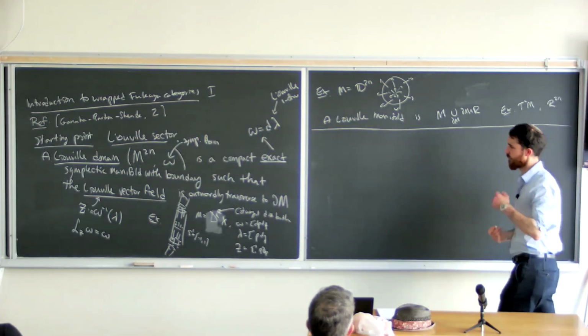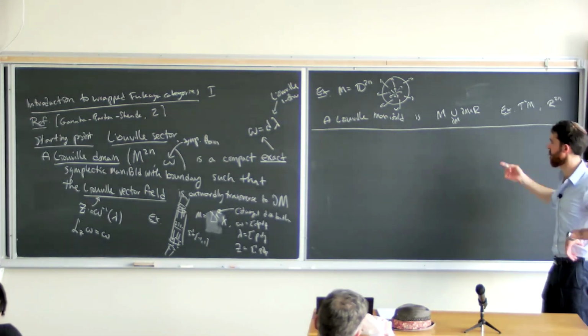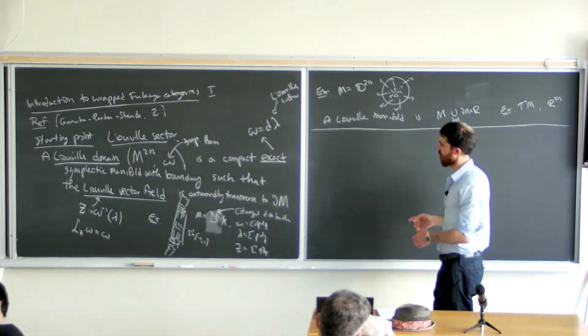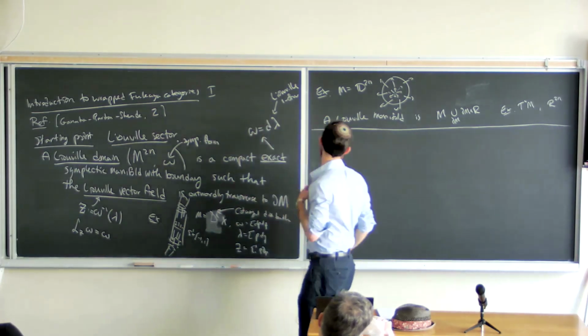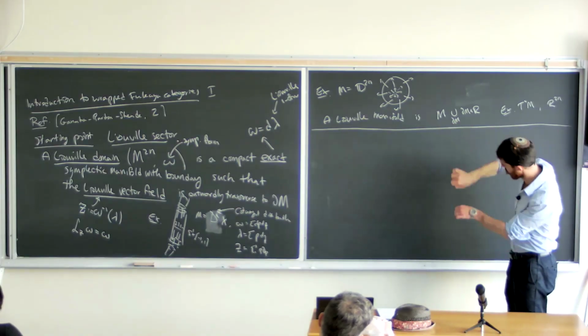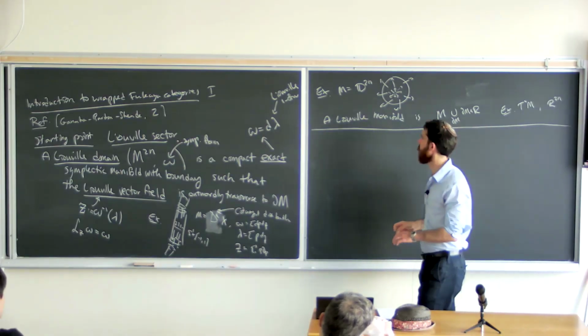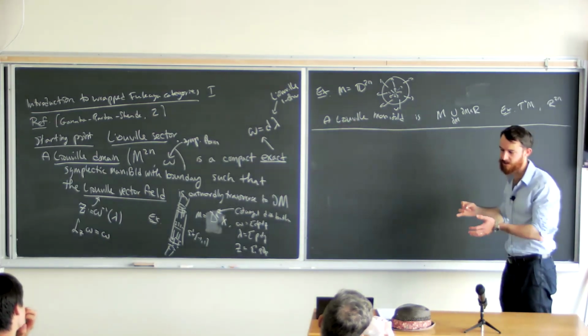So a Liouville manifold is the cylindricalization of a Liouville domain, which means you take the symplectization of the boundary and glue it on. It's just saying that whatever's happening on my manifold is controlled by something in some compact set. So that's all I need to consider.